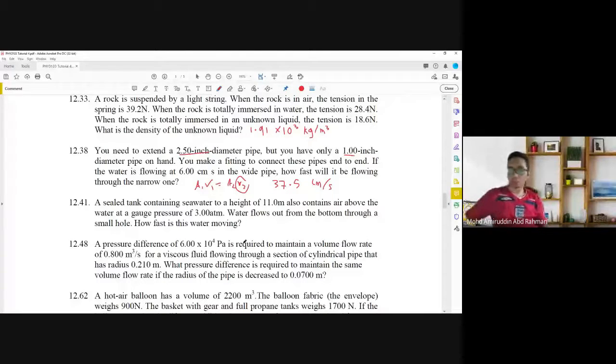P1 plus rho g h, or rho g y1, plus half rho V1 squared should be equal to P2 plus rho g y2 plus half rho V2 squared. So that's how you implement the equation.